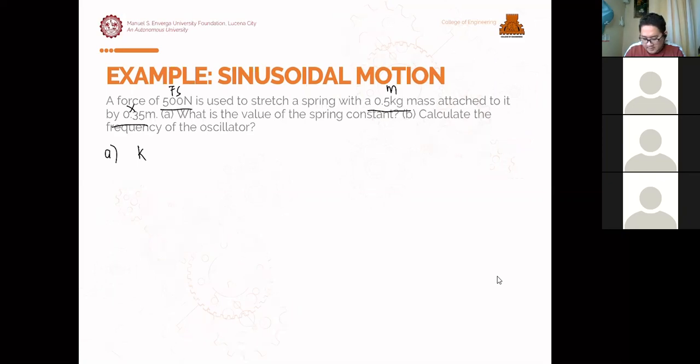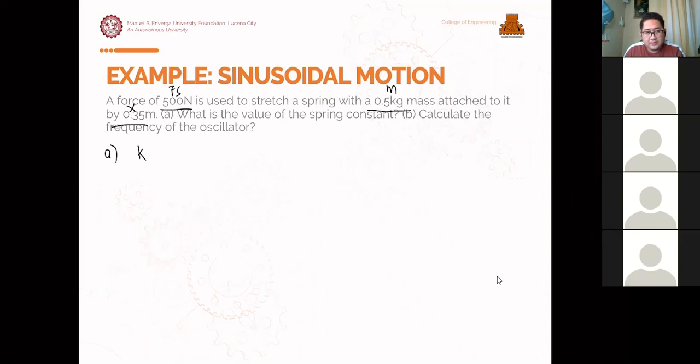So, anong formula gagamitin natin? Na may relationship ng F, M, or X, we can use Hooke's law. Okay? Hooke's law natin is Fs equals negative Kx.